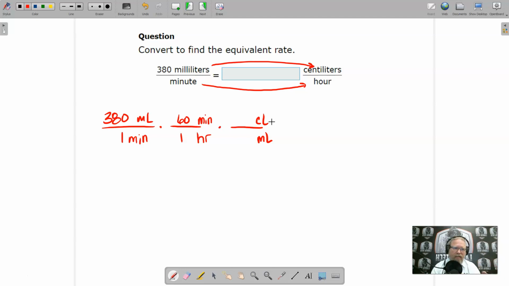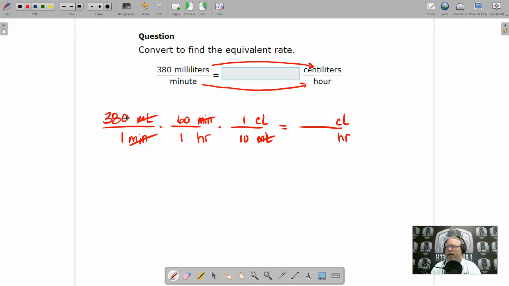It takes 10 millis to equal 1 centi, or that is to say that 1 centiliter is equal to 10 milliliters. Now I think we're good to go. We can do our canceling. Minutes will cancel minutes. Milliliters will cancel milliliters. I'm left with centiliters and hours, which is exactly what I want here.